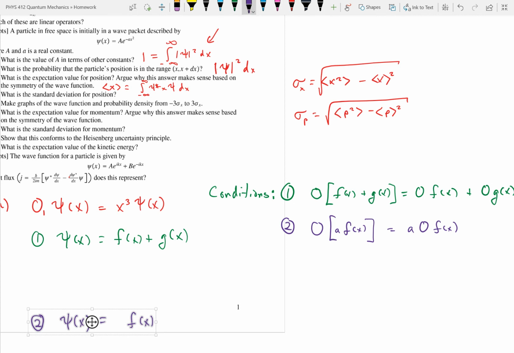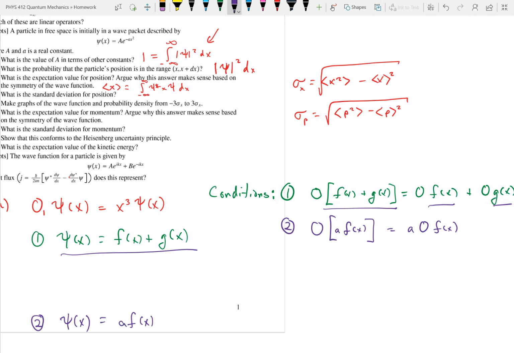Well, doing our test on this side here, this applies to there, right? And then we're going to replace, and it's just going to be f of x and g of x on the right-hand side. Yeah, I should have had the a there. In the first case it'd be x cubed times psi of x.